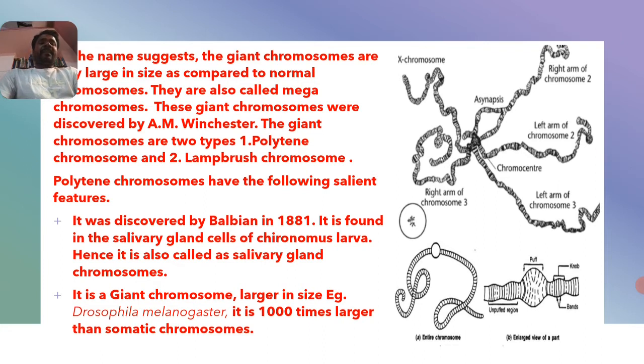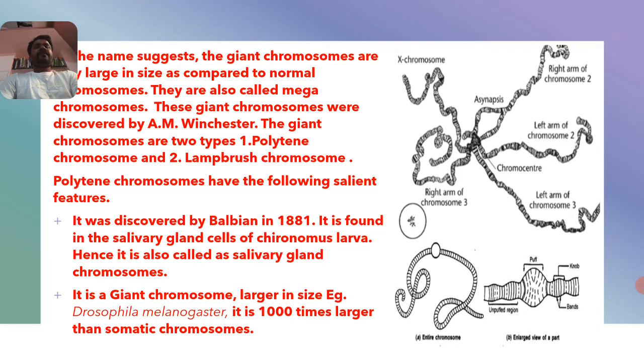There are many arms in the chromosome, and those arms unite at a point called the chromocenter. It is the highly condensed form of many centromeres. Why is this chromosome formed in some organisms?